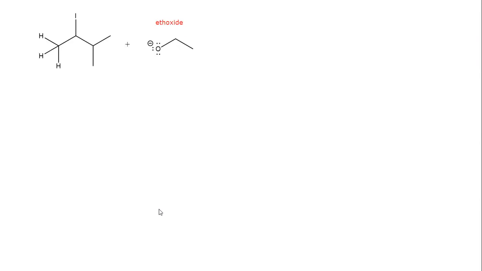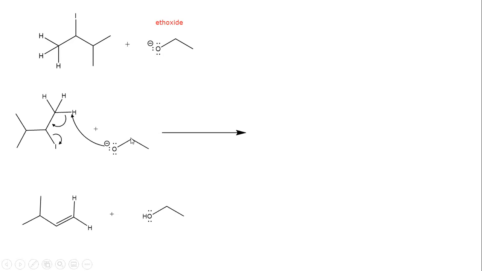So the base would attack the alpha hydrogen, and once that base rips off that proton, the electrons come here to form a double bond, and the iodine leaves. So we get ethanol and our alkene shown here.